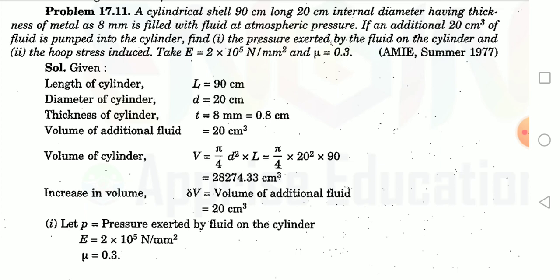So volume of cylinder, we know that pi d squared by 4 into L, which is 28274.33 centimeter cube. So increase in volume, change in volume, is the additional fluid, that is 20 centimeter cube. So the pressure P exerted by fluid on the cylinder is the first question.